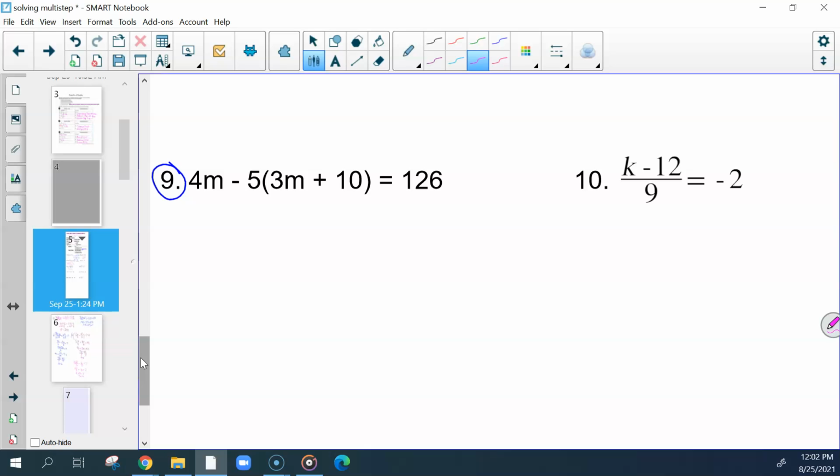For number 9, what would you do first? I heard multiplication. Multiply what?